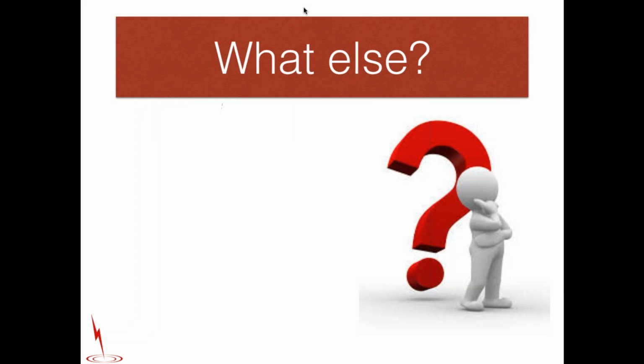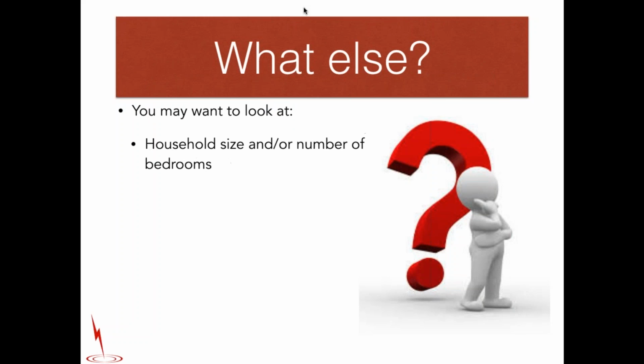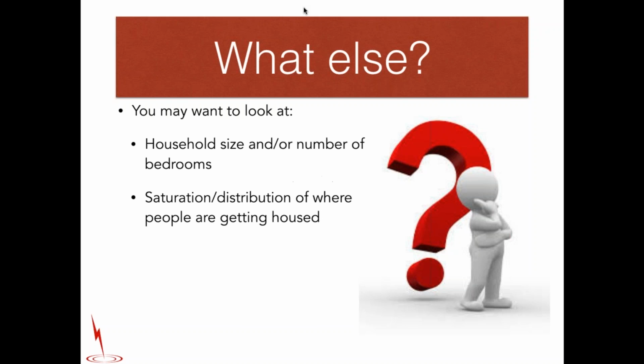If you wanted to go a step further, you might also want to look at things like the household size and/or number of bedrooms. Do larger households have an effective rate of moving into housing that's comparable to others? Saturation distribution of where people are getting housed. So you may want to look at specific neighborhoods or buildings where people are moving into housing and get some sense of whether a more scattered approach versus a more concentrated approach is getting different results in your rapid rehousing program.